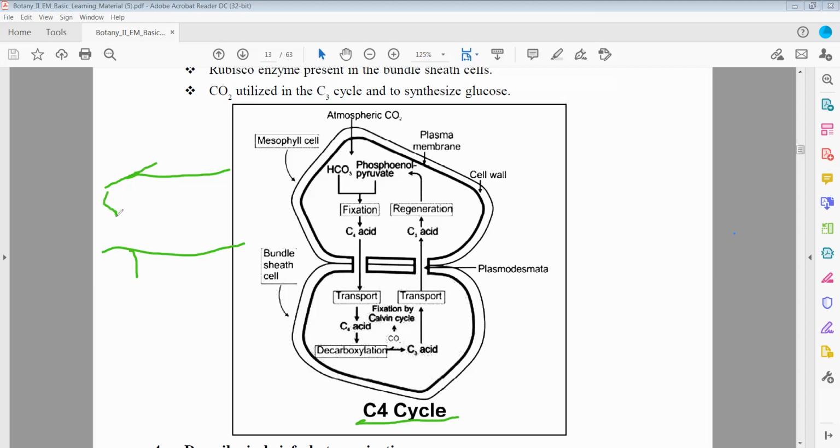Centrally located is a vascular bundle, and below the upper epidermis there are cells called palisade parenchyma, which are mesophyll cells. Down here, irregular cells are present. These cells are also mesophyll cells.